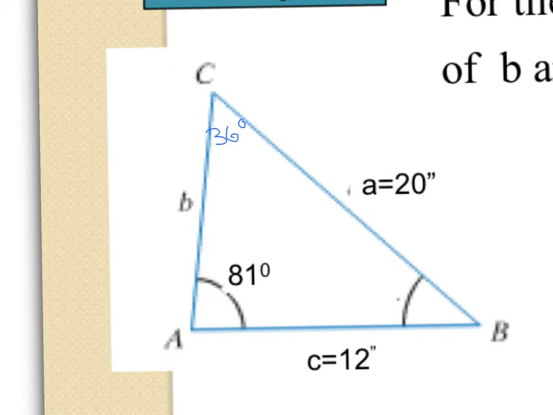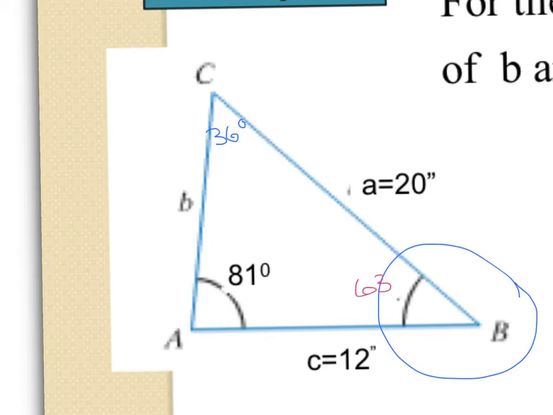So what I need to do is suspend that concept of having 1, 2, or none temporarily and proceed as if you have one, so we can find what angle B is and side B is. All right, so let's do 180 minus 81 minus 20, and we're going to get, it's minus 36. 99 minus 36, 63 degrees.